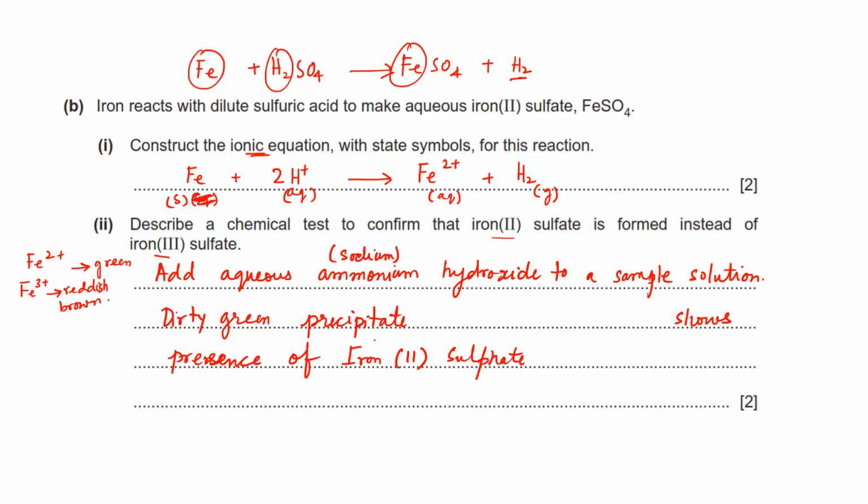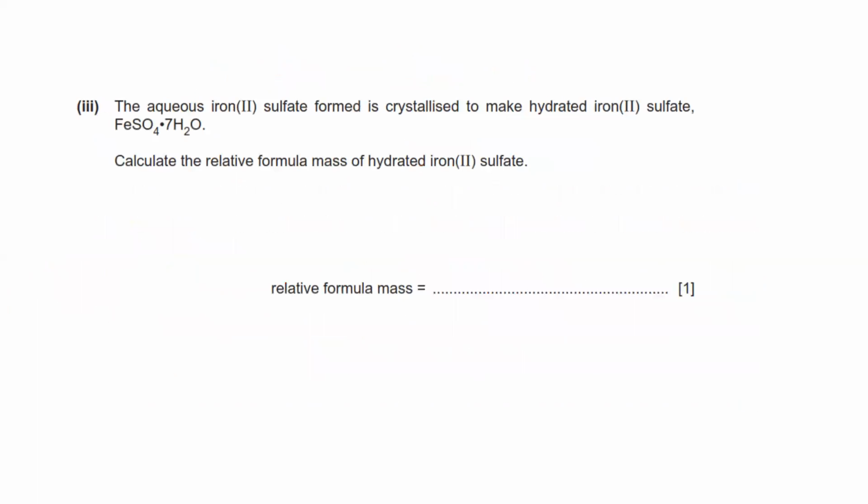And remember, if the precipitate is reddish brown, it shows the presence of iron 3 sulfate. This is a simple test that confirms our case.